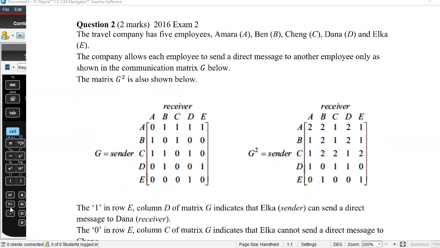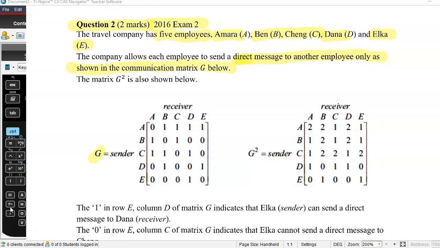So this is from 2016, exam 2. This was question 2. The travel company has 5 employees: Amara, Ben, Cheng, Dana, and Elka. The company allows each employee to send a direct message to another employee only as shown in the communication matrix G below.